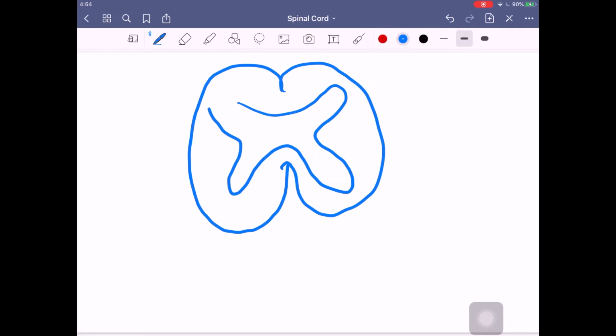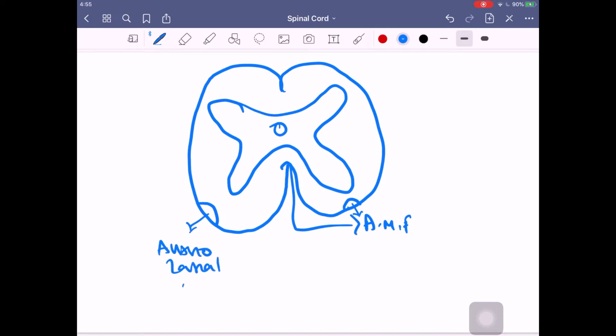So this one is your anteromedian fissure, and on either side, this is the part where I have to draw a depression, this side and this side. These depressions on either side are your anterolateral sulcus. So right and left anterolateral sulcus.